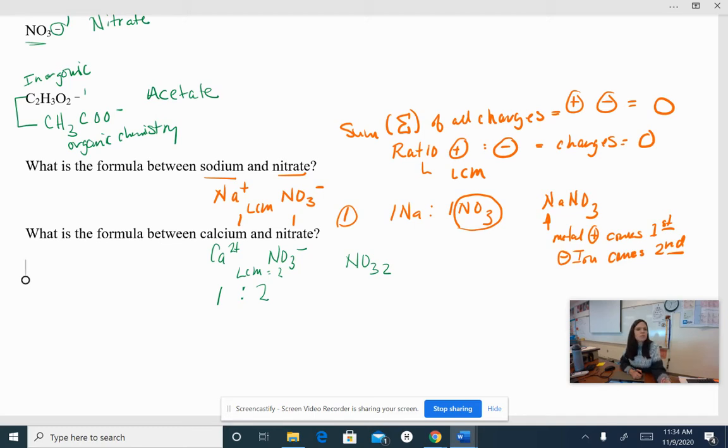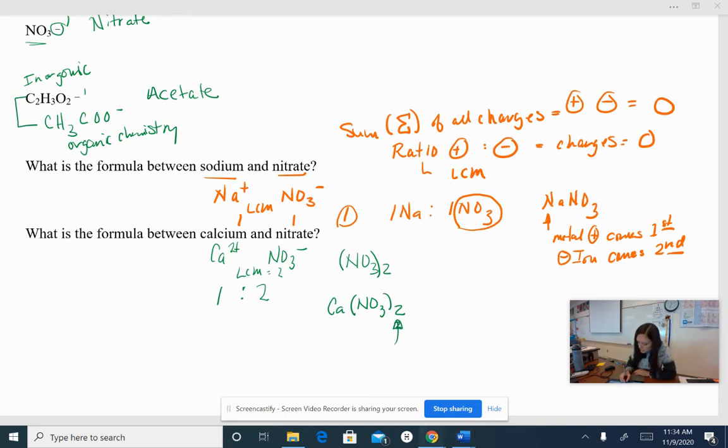In math, how do you show that you multiply a group of numbers by a coefficient? That's right, you put parentheses in there. So you're going to put parentheses around the whole entire group, showing that you are multiplying that whole group by 2. So when we write calcium nitrate, we are going to write calcium parentheses, NO3, close parentheses, and the subscript 2. Remember that subscript multiplies that whole entire parenthesis.